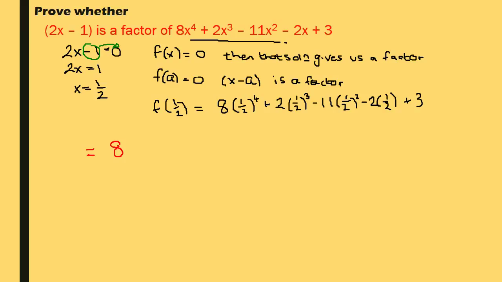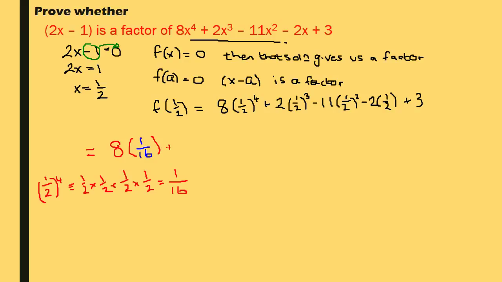A half to the power of 4 means a half times a half times a half times a half. And if I multiply 1 times 1 times 1 times 1 on the top, I get 1. And if I multiply 2 times 2 times 2 times 2, I get 16. So up here, a half to the power 4 will be 1 over 16.